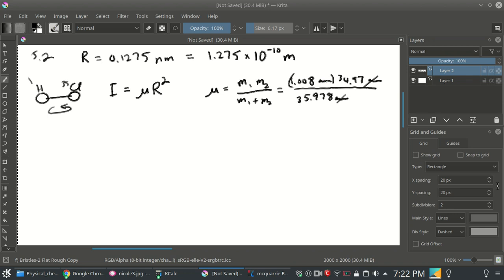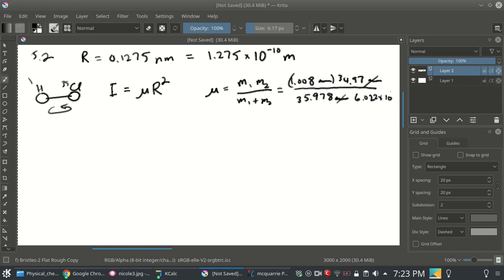We need to change this AMU to kilograms. Now, a lot of people like to use 1.66 something or other times 10 to the minus 27th kilograms is 1 AMU. But I find that hard to remember, so that number comes from the fact that the mole of Avogadro's number is designed so that 6.022 times 10 to the 23rd AMUs are in 1 gram.